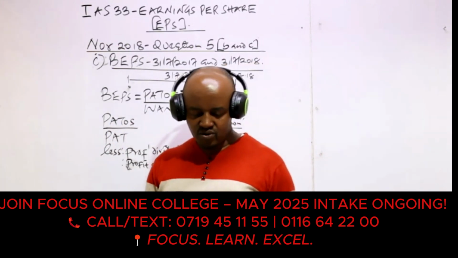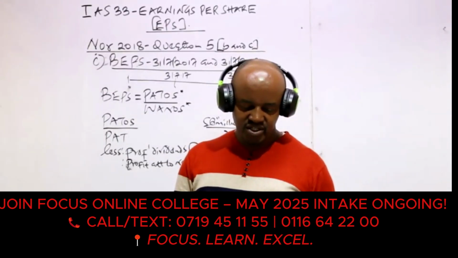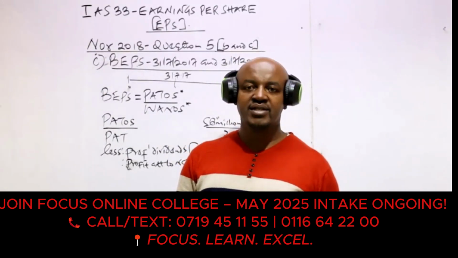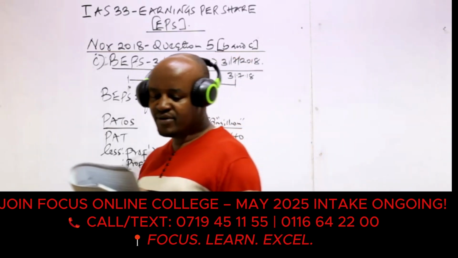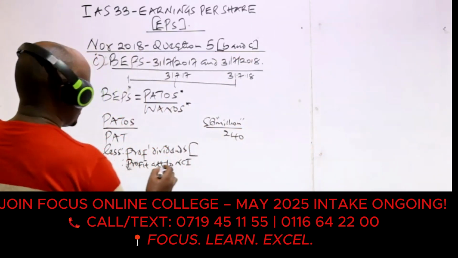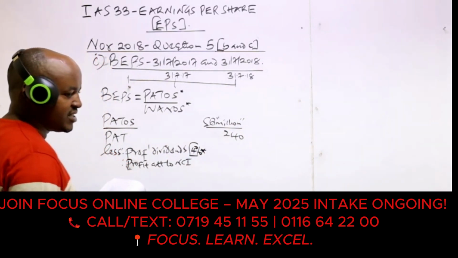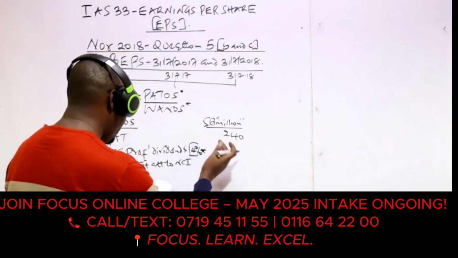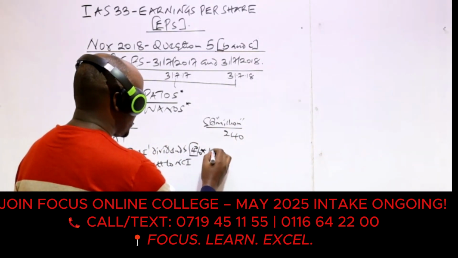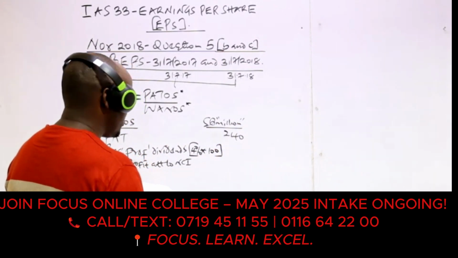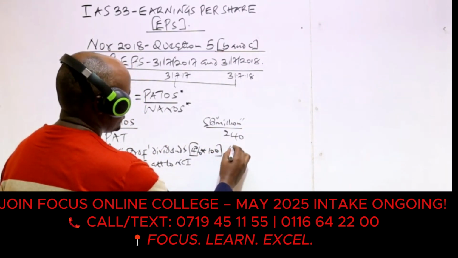We are told that under equity, this company had issued 4% preference share capital. So basically, this company at the end of each year should pay preference dividend equal to 4% of the preference share capital. The preference share capital for 2017 was 100 million, so 4% of that gives us 4.